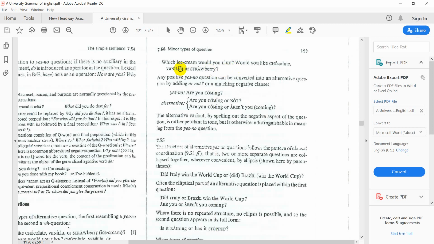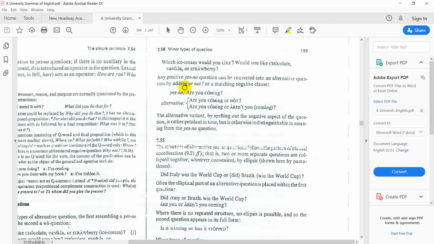So I ask, which ice cream would you like? Falling intonation. Which ice cream would you like? Would you like chocolate, vanilla, or strawberry? There is no need to repeat ice cream here since I stated it previously. So I mix the two, I combine the two types together.